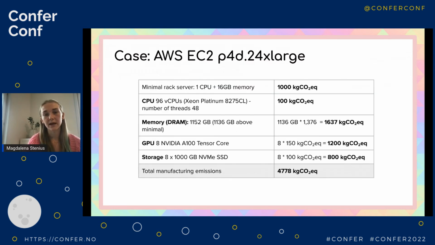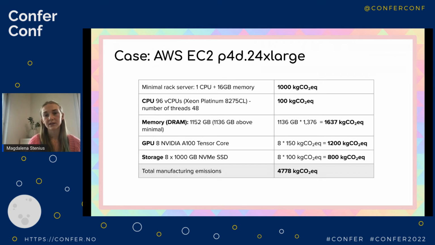Now let's look at an example of a concrete machine instance type on AWS. For example, the P4d.24xlarge, which is commonly used in machine learning because it belongs to the accelerated computing family. The minimal rack server is there, 1,000 kilograms of CO2 equivalent. In addition, we have a total of 96 virtual CPUs.